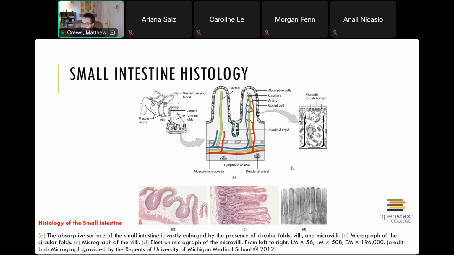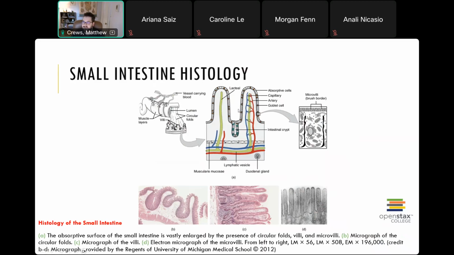All right, don't miss anything. This right here, this green, is a lymphatic vessel. And it has these little pokey things sticking out, and those are called lacteals. So there's a specific name for those.